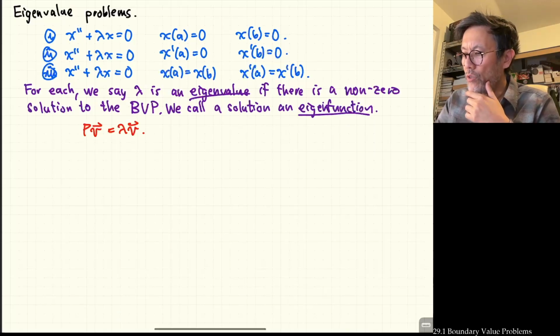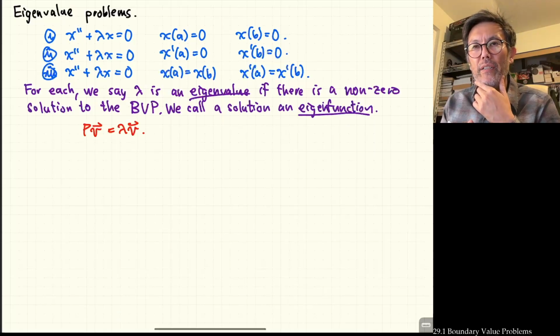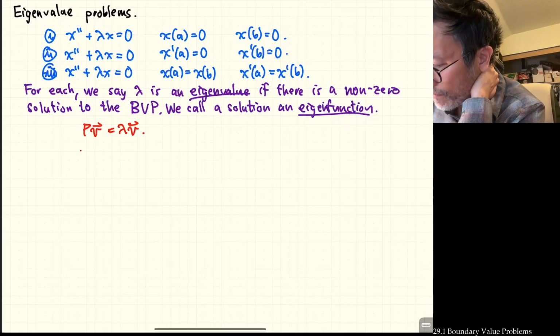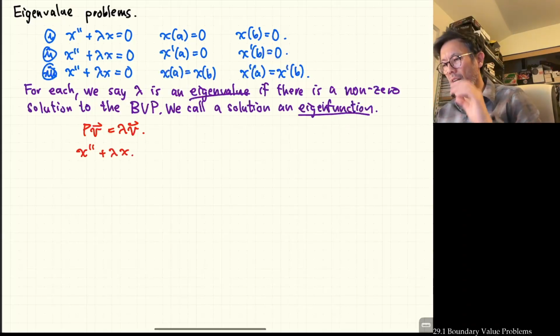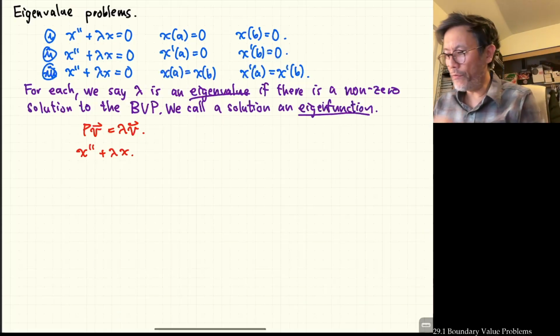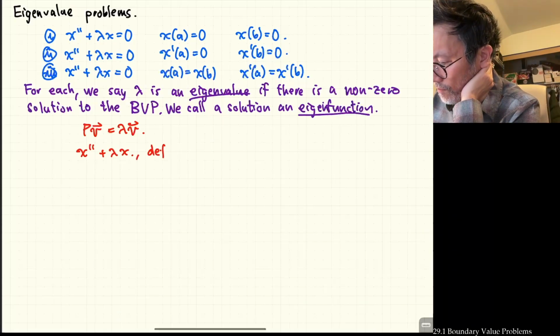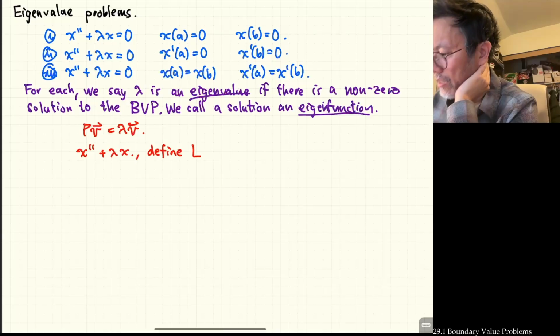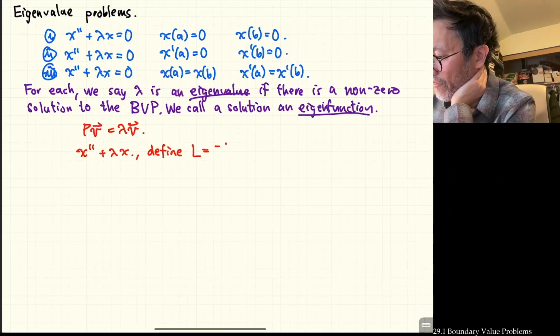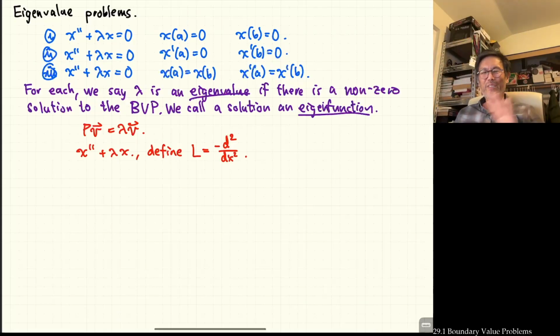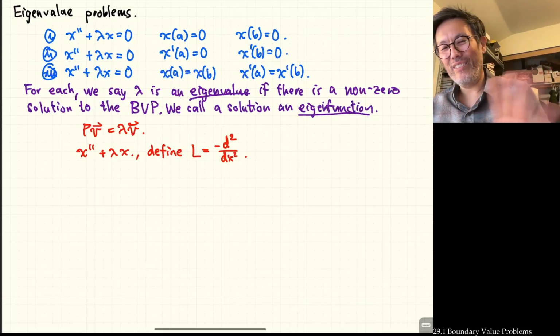But if you look at this differential equation, x double prime plus lambda x, it's kind of like if you define L to be, let's say, the negative second derivative operator. If you don't like this, just relax.